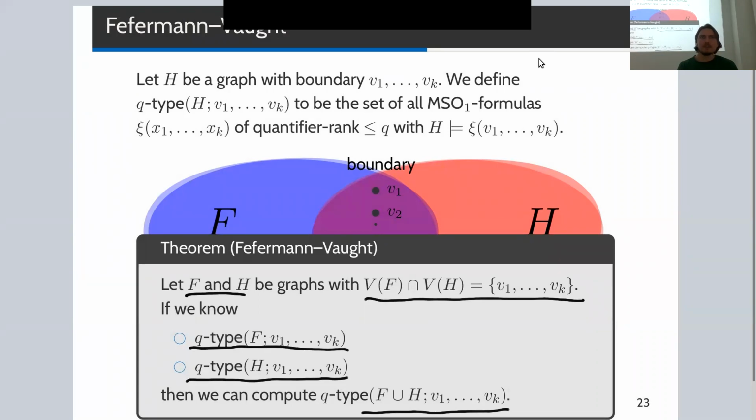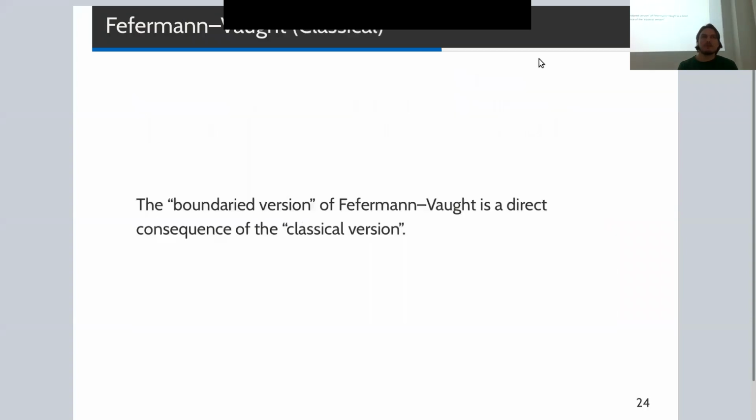The form in which I just stated it now, with the intersection and that the graphs are not disjoint, is actually not the original version in which this was published. So this is some variant of Pfefferman-Watt theorem adapted to tree width. The usual classical version is a little bit simpler, so I would like to present that to you as well.